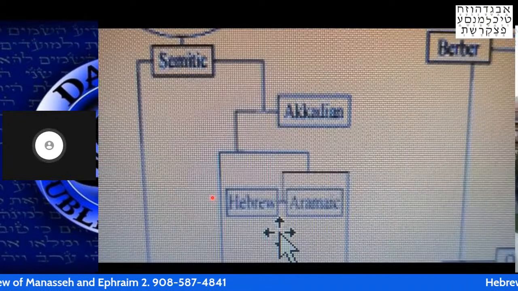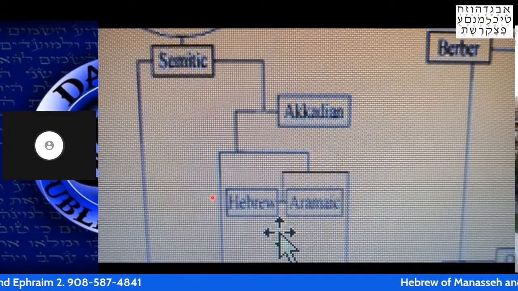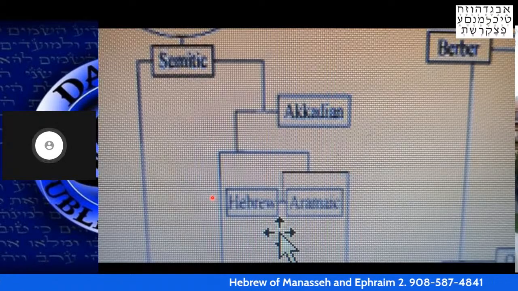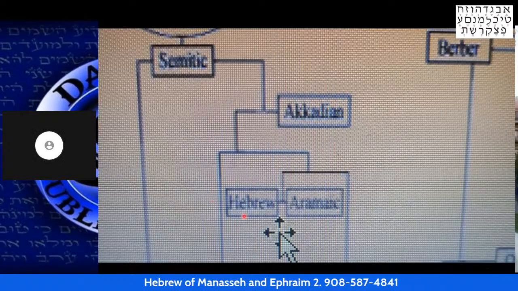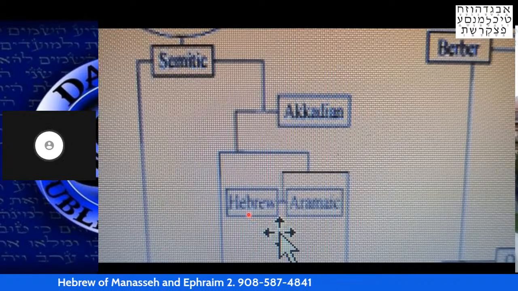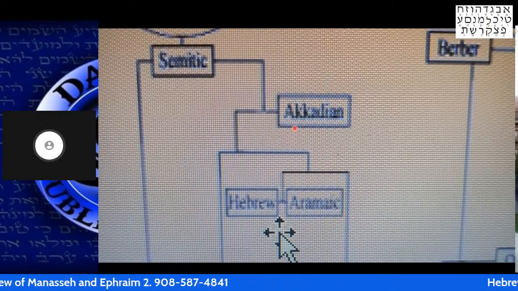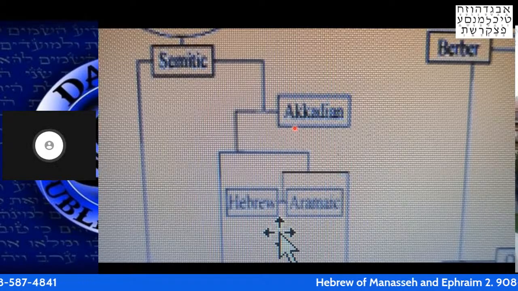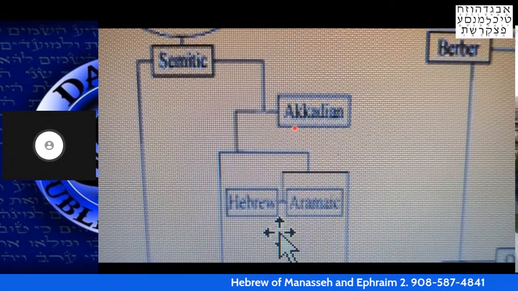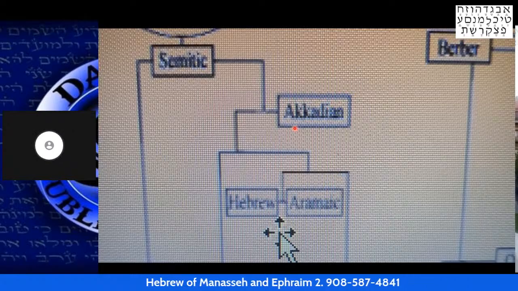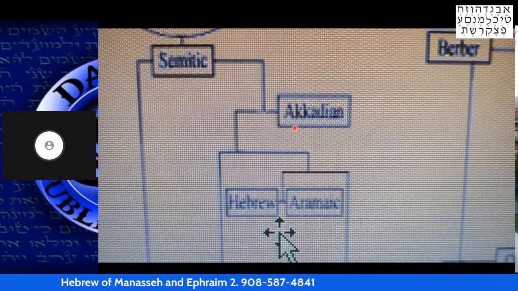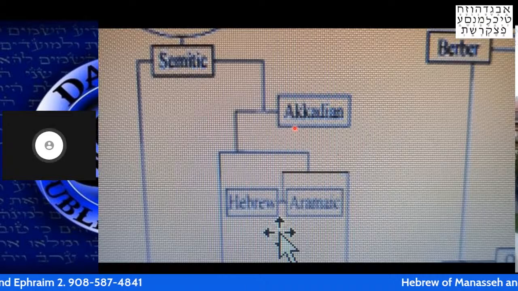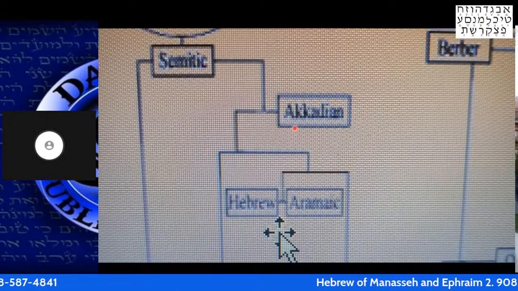Let us look at this. Under the Semitic matter, which we understand to be Shemitic, under the Afro-Asiatic languages, we see close up Hebrew and Aramaic falling under Akkadian. Now, Akkadian, whether you spell it AKK or ACC, was a kingdom and empire started by the Cushites or the Ethiopians in the area of the Middle East of today.